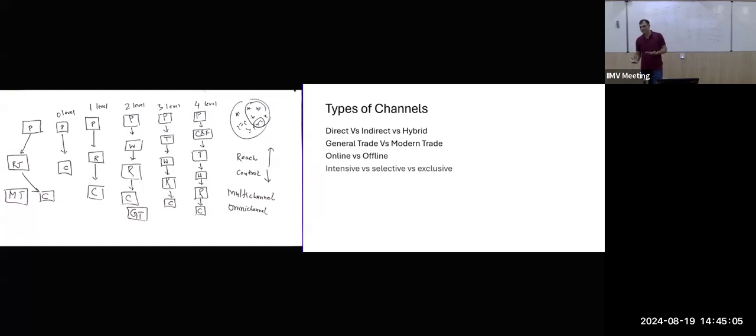But always remember, two things are important in this: how much control you have and how much reach you have. Definitely I will discuss other factors on how people decide which channel to take, but the two important things people talk about here are control and reach, that is, how much reach you will get with any channel and how much control you will have when you select it.